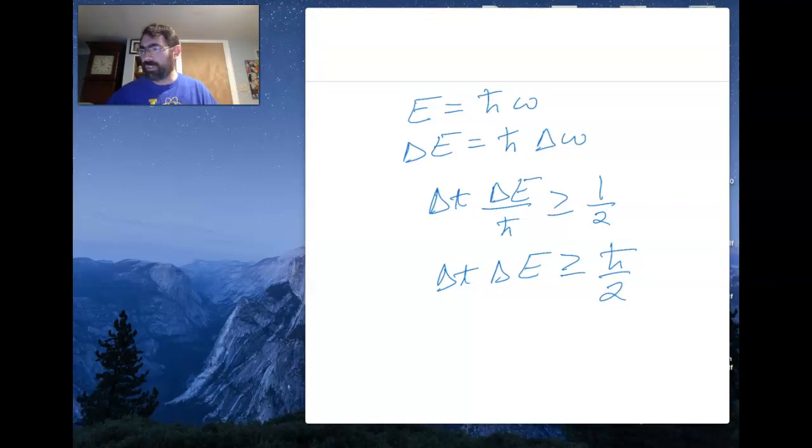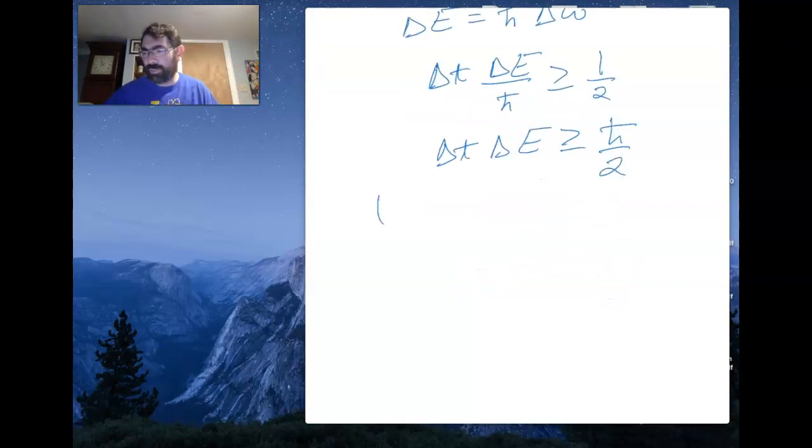If I look at a radioactive nucleus like uranium-238, it has an uncertainty of basically 1 billion years, so 10 to the 9 years.